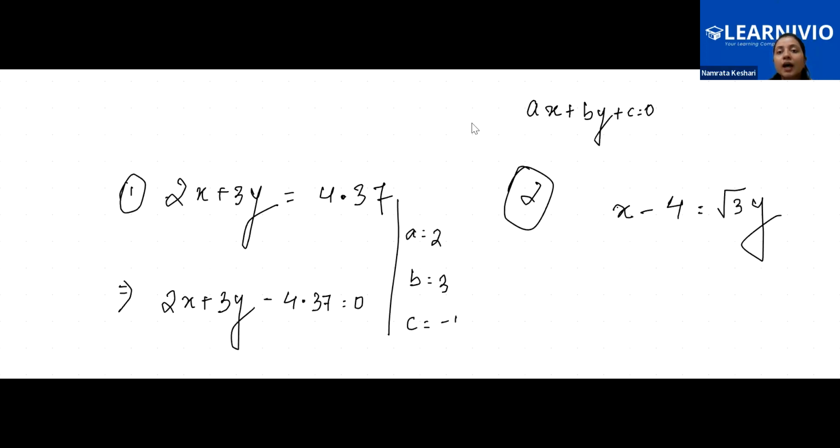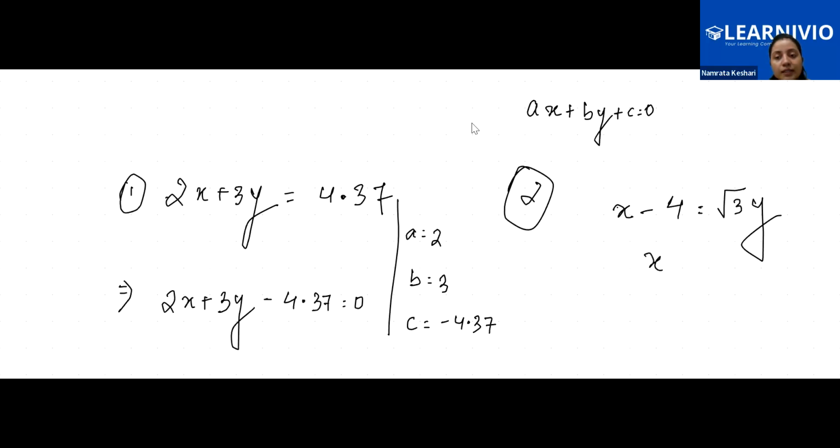Now, Sara and Ayan, got it? Yes, ma'am. Then tell me the next one. x minus 4 minus root 3y is equal to 0.